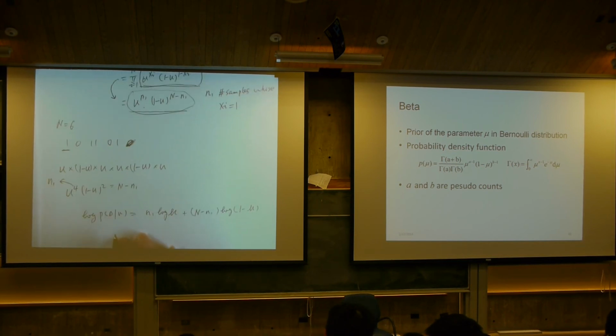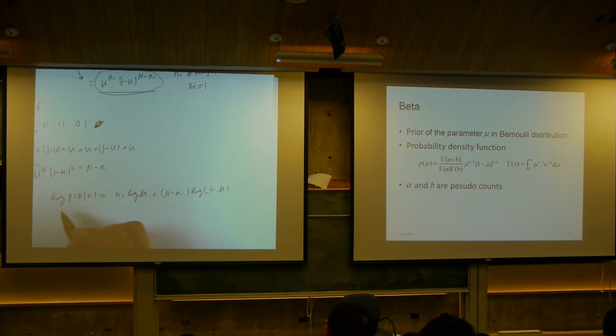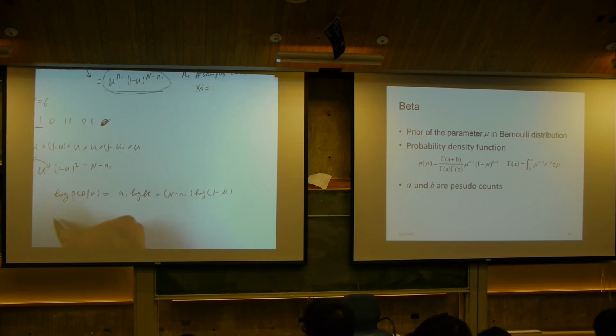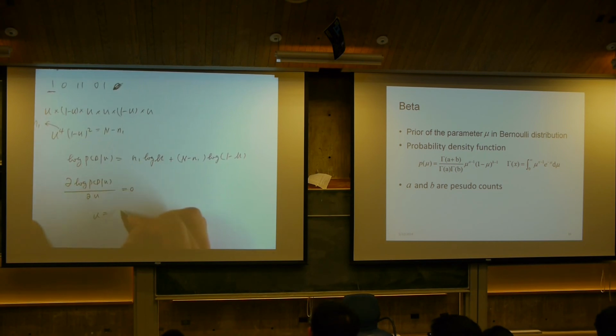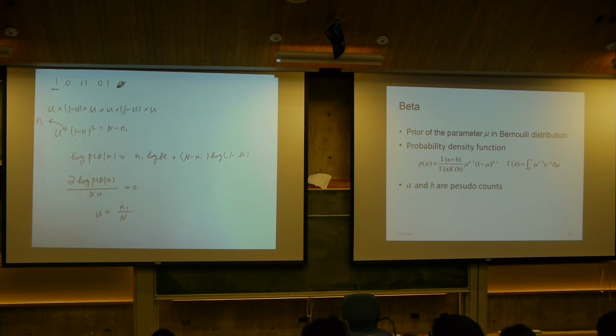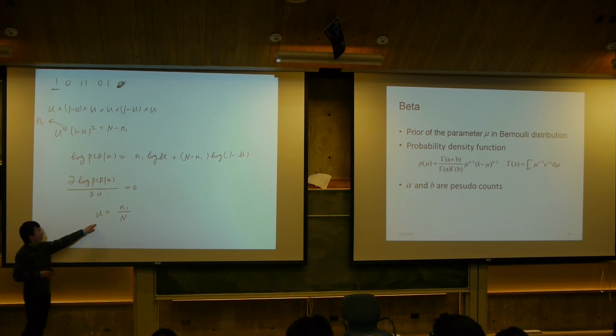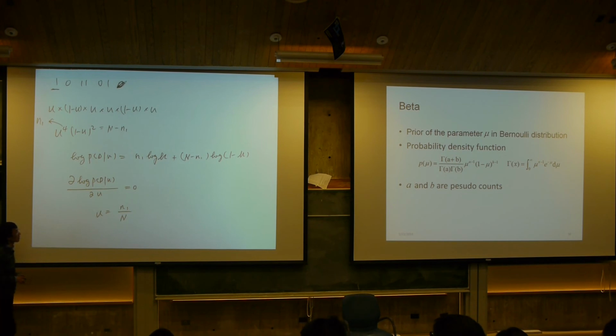And then we take the derivative of this log likelihood with respect to mu and set it to 0. And we know that finally the estimation would be n1 over capital N. This has been illustrated in Barnabas' lecture.